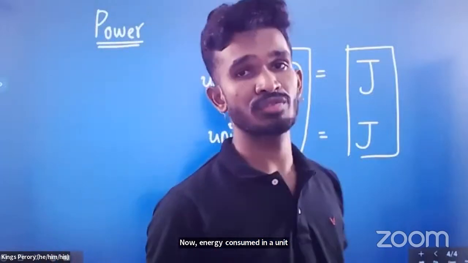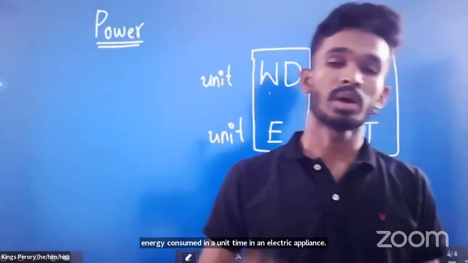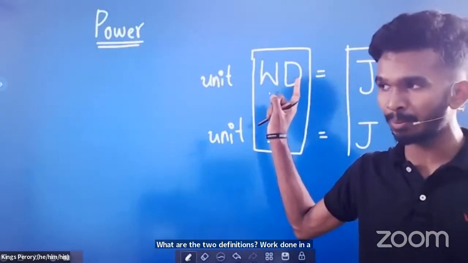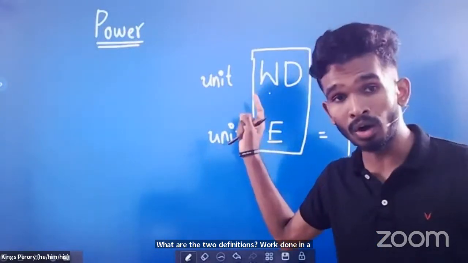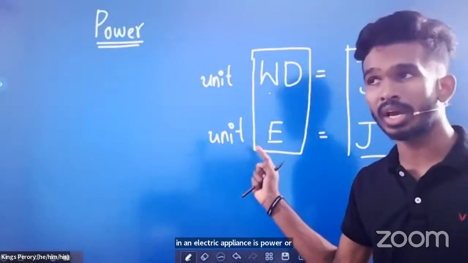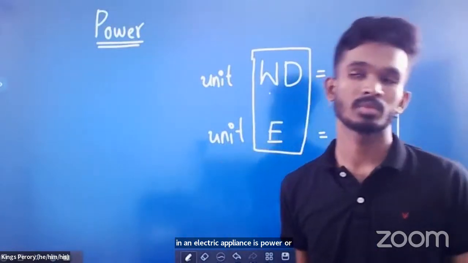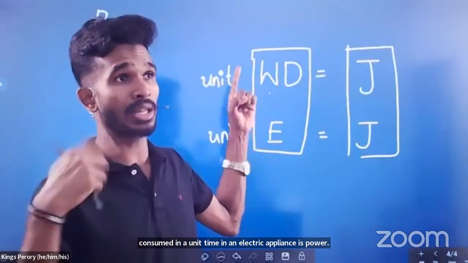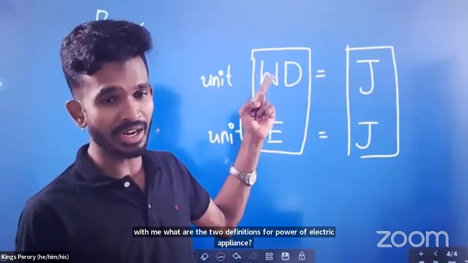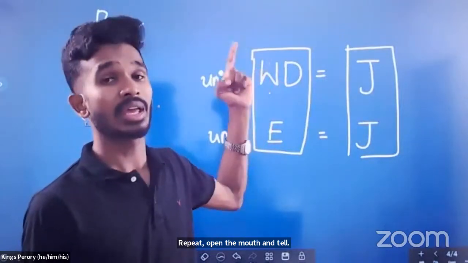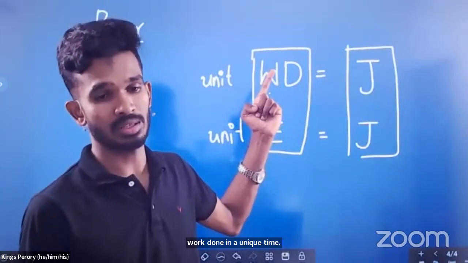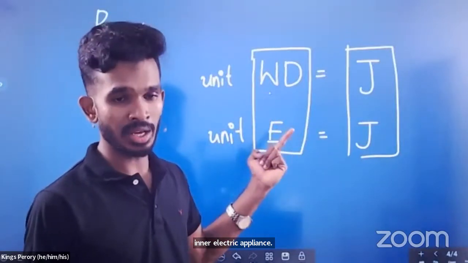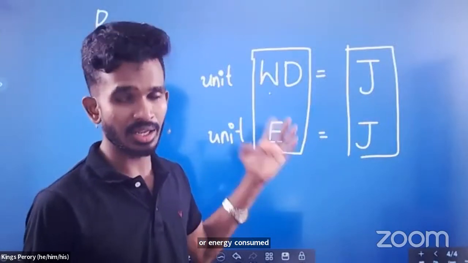So there are two definitions for the power of an electric appliance: work done in a unit time in an electric appliance is power, or energy consumed in a unit time in an electric appliance is power. Repeat with me.